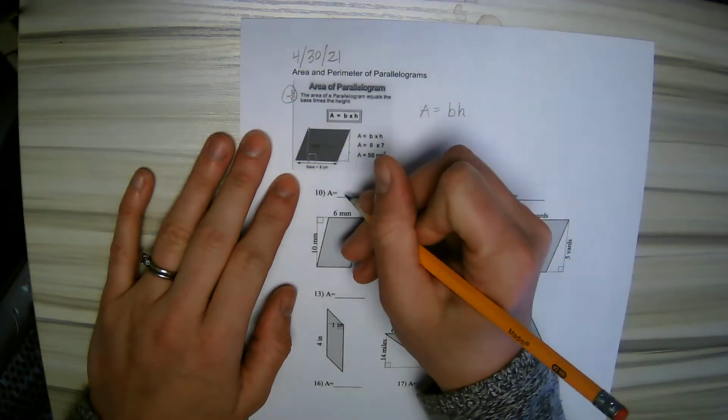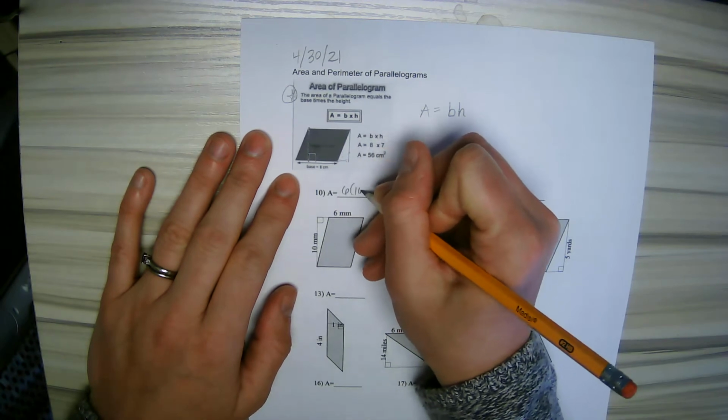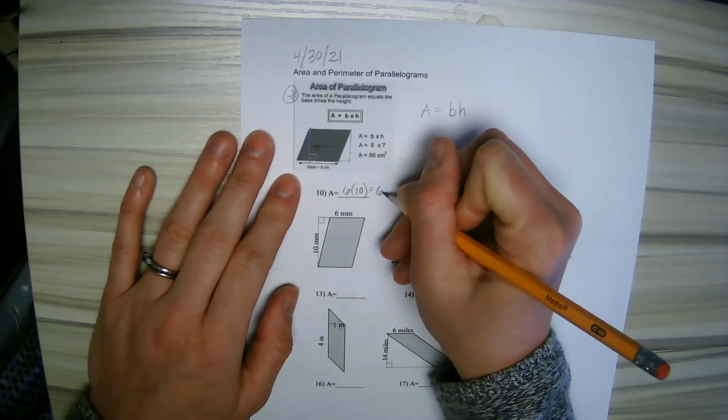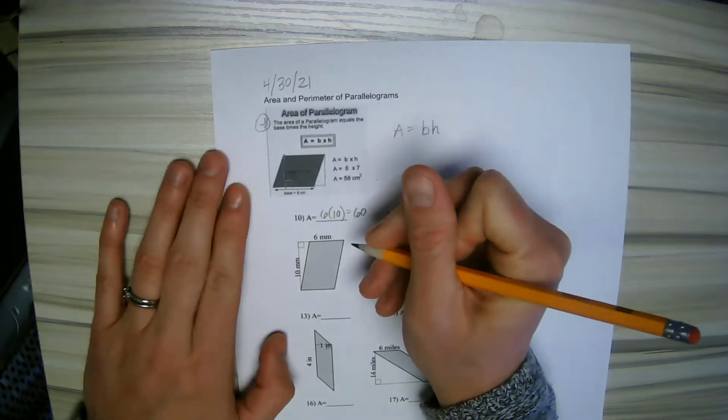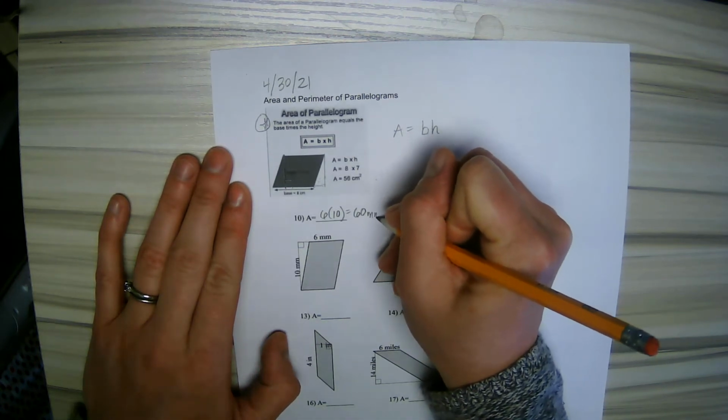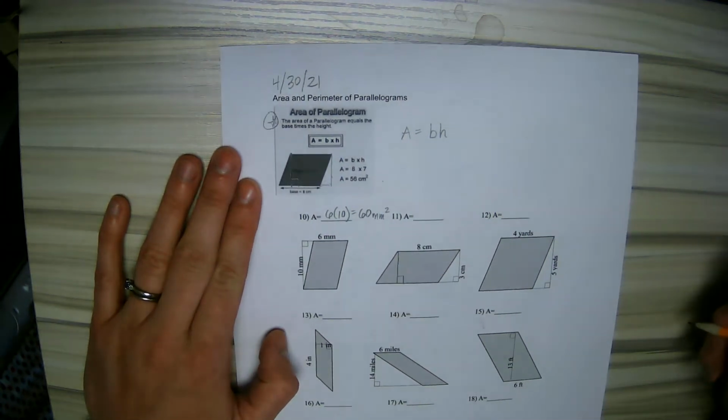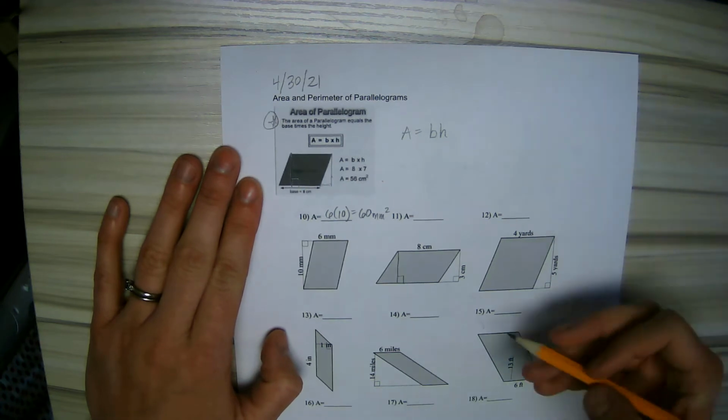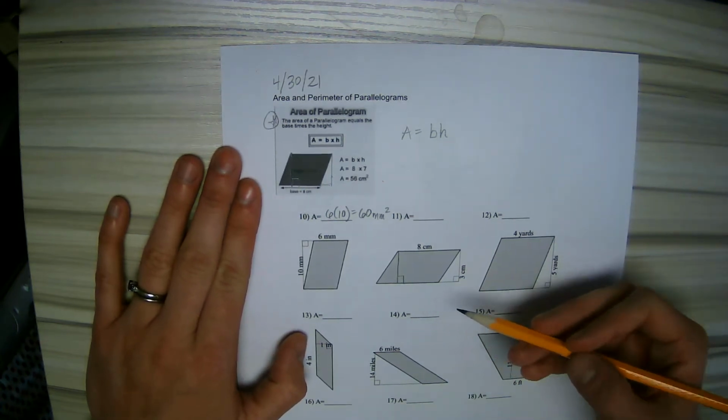So area equals 6 times 10, which is 60, and this was in millimeters squared. Here we have the base times the height.